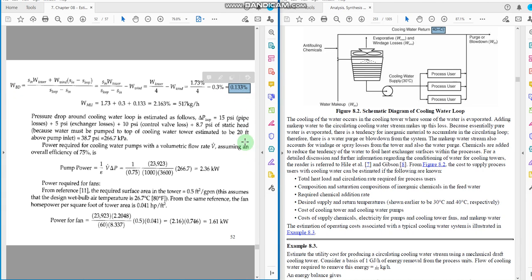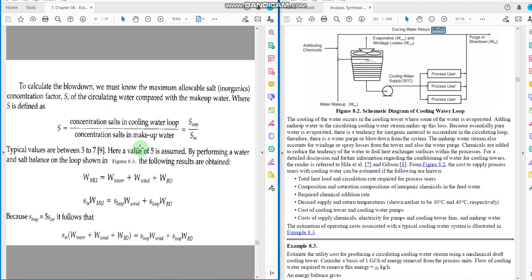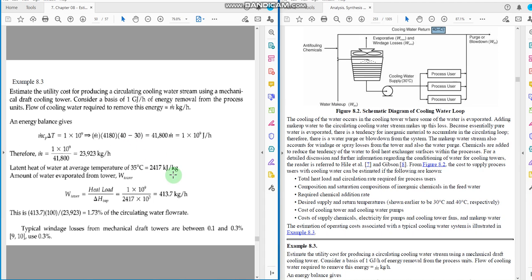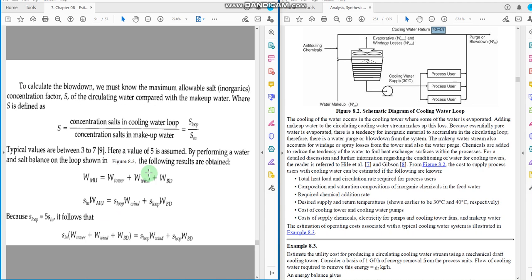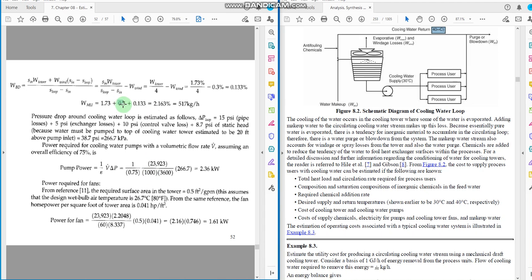Okay, so now you can estimate what should be the total value for the makeup water, which is equal to the 1.73% that we just calculated here, and then we have the losses due to the wind, and then the losses into the blow down.